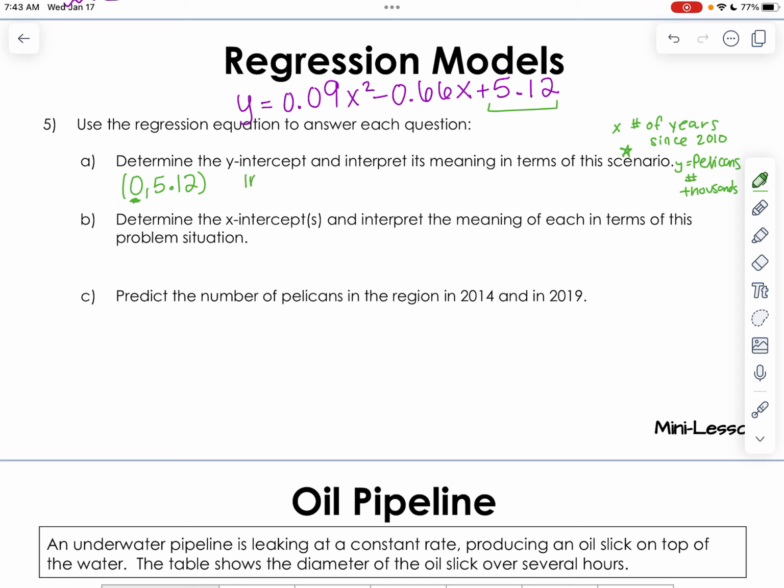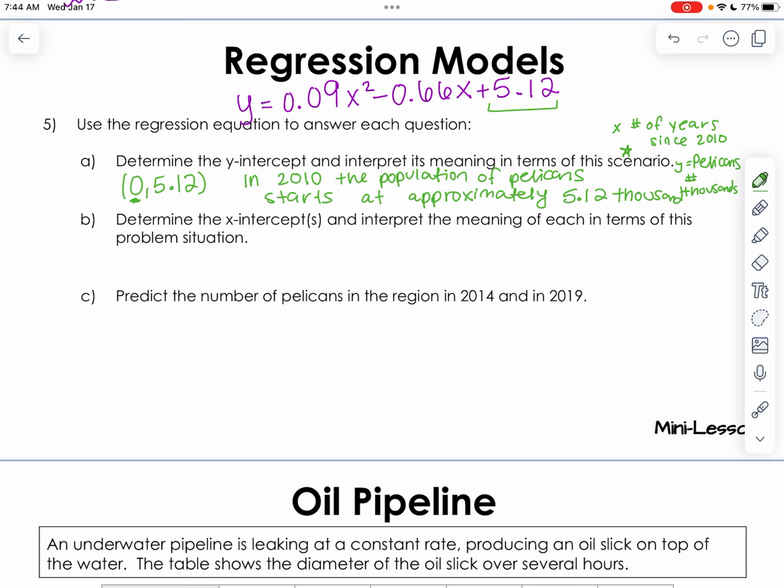So that means we're starting in 2010. The population of pelicans starts at approximately 5.12 thousand. Or you could actually write it out as 5,120.